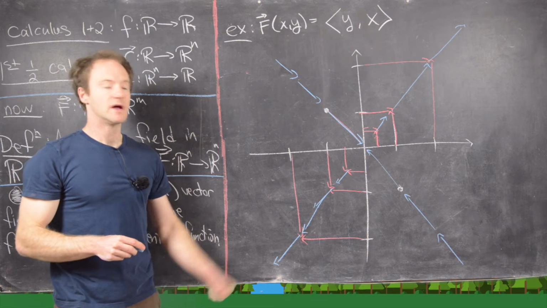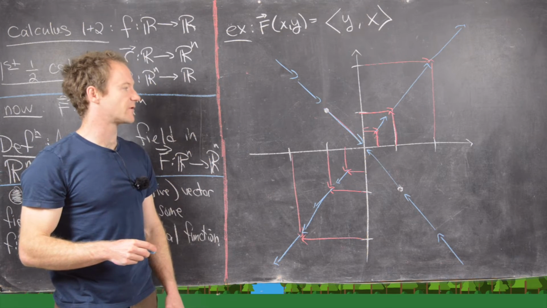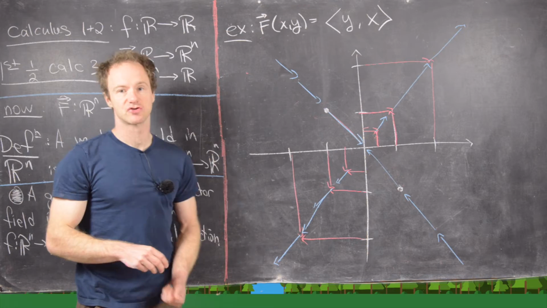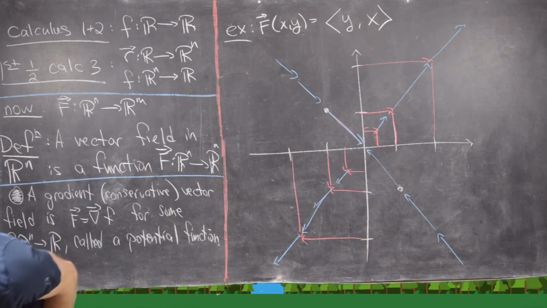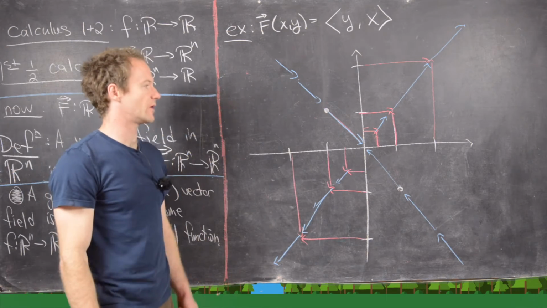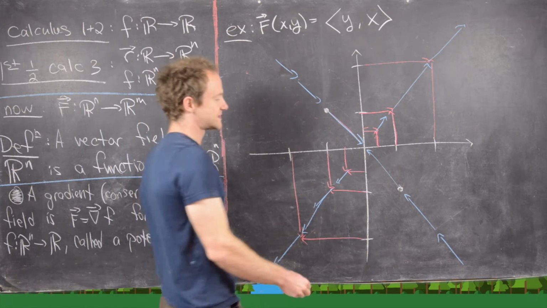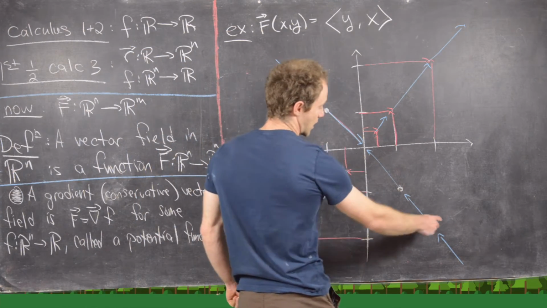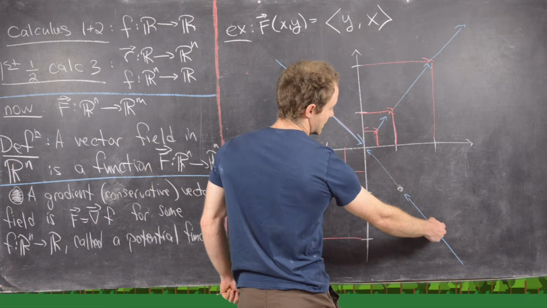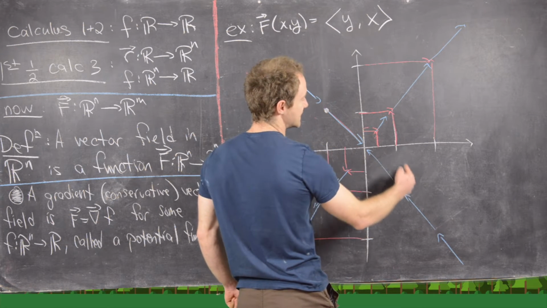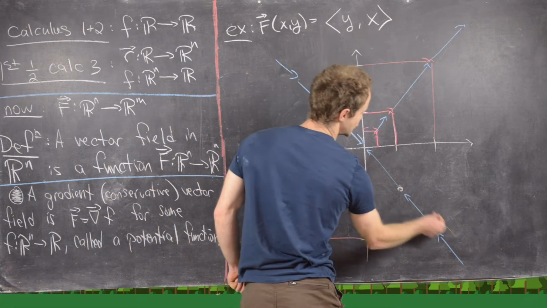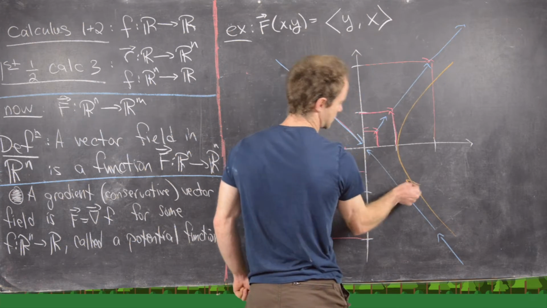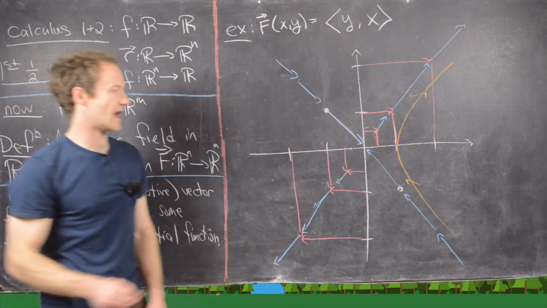Okay, so now I think we have a pretty good feel for what's going on. I'm going to draw in something called a flow line with a different color. Okay, so let's notice that if you are in this region, the vector field will push you in this direction towards this asymptote. So we have a general flow like that.